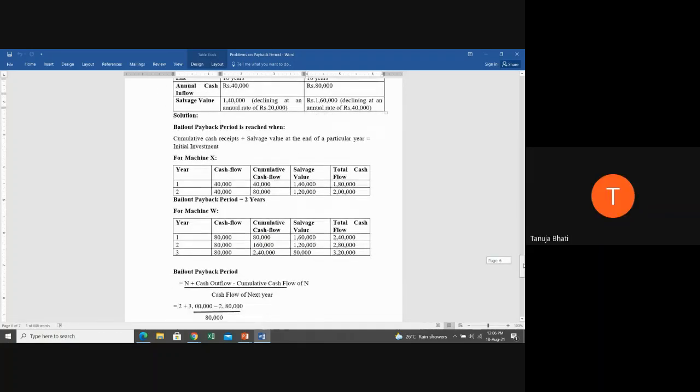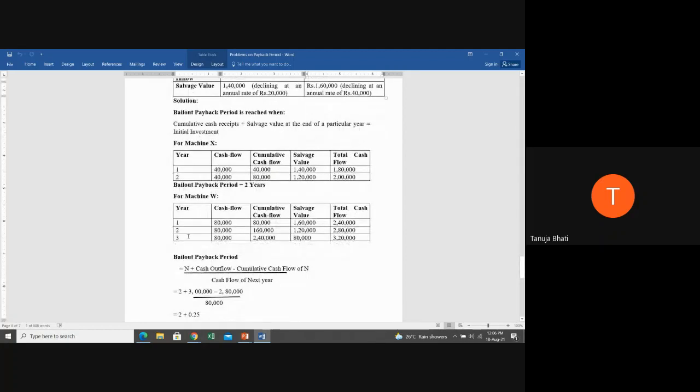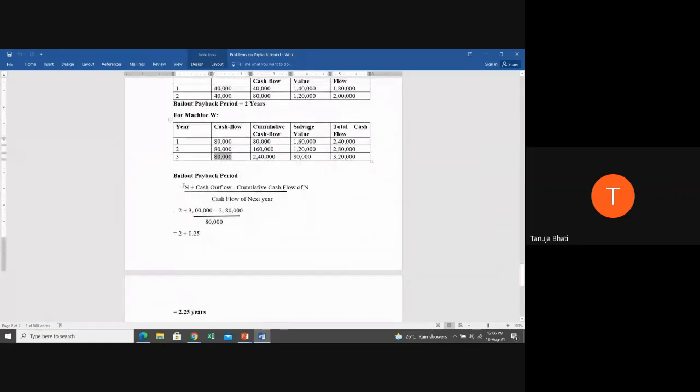Next you have to find out cumulative cash flow of N. So for the second year, it is 2,80,000 divided by the cash flow of the next year, not cumulative, students, only the cash flow of the next year. Remember the difference. I'm again repeating, in this formula, in the numerator you have to take cumulative cash flow, but in the denominator you have to take the cash flow of the next year, which is 80,000. All these figures you just substitute in this particular formula. You will get the answer as 2.25 years as your bailout period.